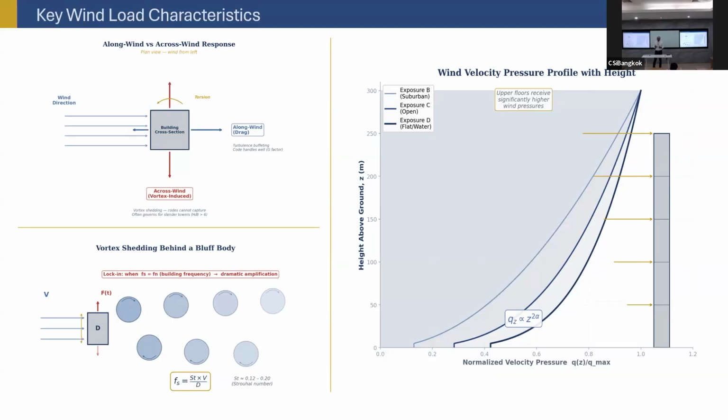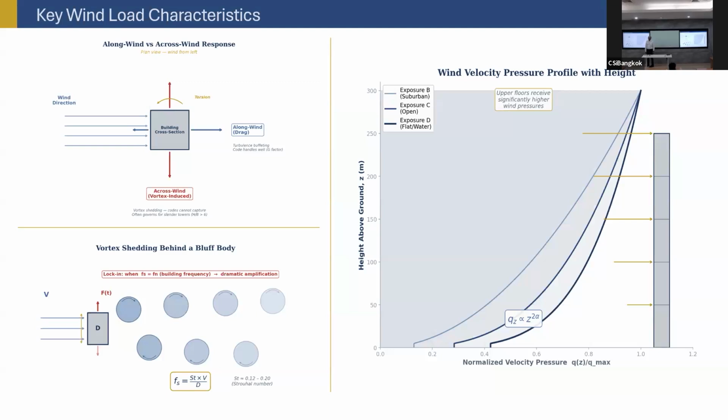So you have very high dynamic effects of crosswind, even though the wind is flowing along and it's constantly flowing. So constant wind can produce vortex shedding, and then you can see here, this wind also, the pressure from this side, it increases with height.